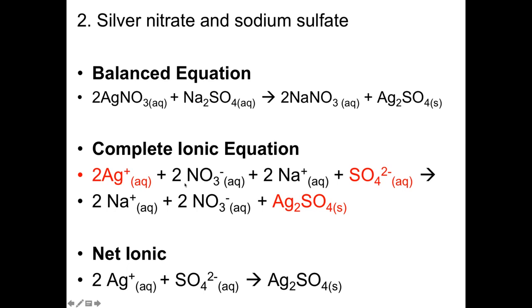So we have 2 silvers, 2 nitrates, 2 sodiums, 1 sulfate, going to 2 sodiums, 2 nitrates, and then Ag2SO4 will be together as a solid. Net ionic, when you break everything down, we'll have 2 silvers and 1 SO4 2 minus going to Ag2SO4.